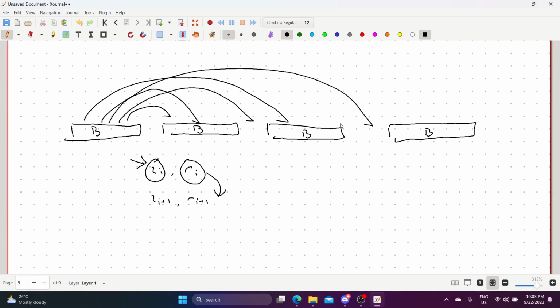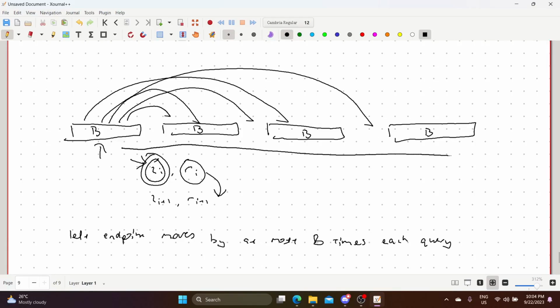Yeah, so since the left endpoint is only inside the bucket, this means that the left endpoint moves by at most b each query. Then for the right endpoint, since it is increasing, for a single bucket the right endpoint can just keep going right.